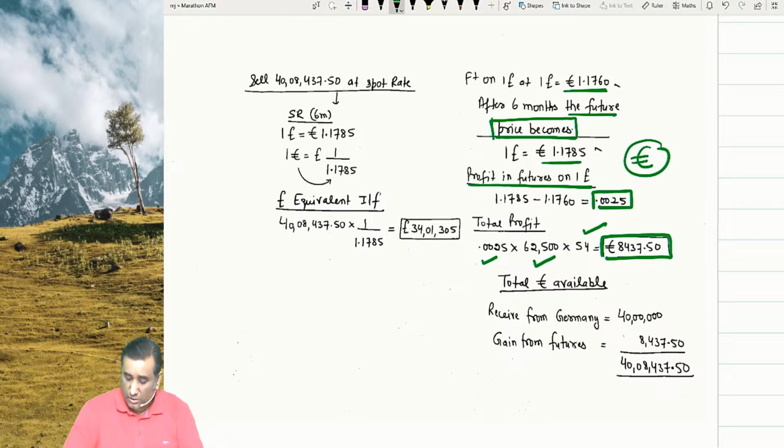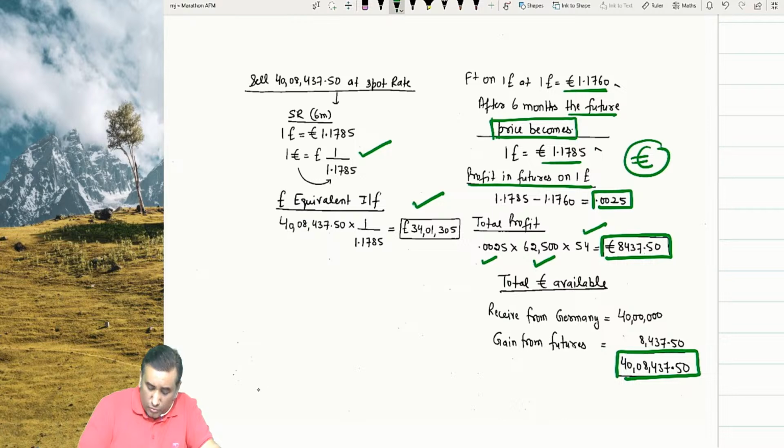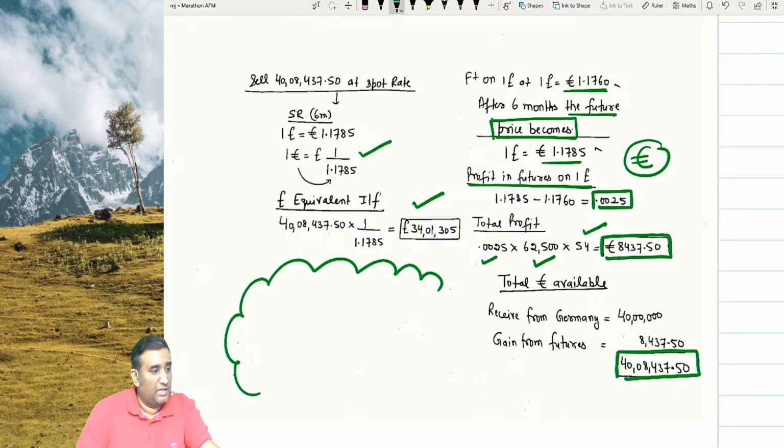So it will become 40 lakh 84, 840 lakh, 8,004, and go and sell at what rate? Cash market rate. And it comes to 34,01,305.